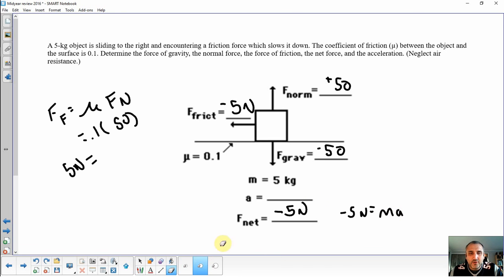But we know the mass because they told us, equals 5a. Negative 5 divided by 5 is going to be an acceleration of negative 1 meter per second squared. So, there you go. Hope that made some sense. Next.